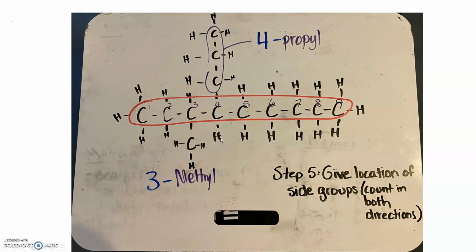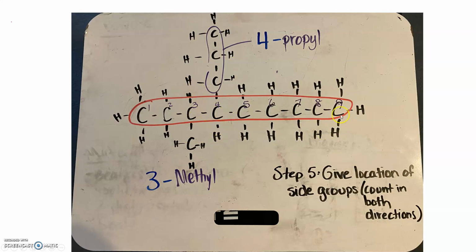The next step, this is where it becomes very similar to the double or triple bonds. You need to identify the location of where those groups are. So if you take a look, I numbered my carbons from left to right. Again, I can't always tell you to number it from left to right. You have to try it from right to left also. But when you try it from left to right, you do end up with these side chains on carbons 3 and 4.